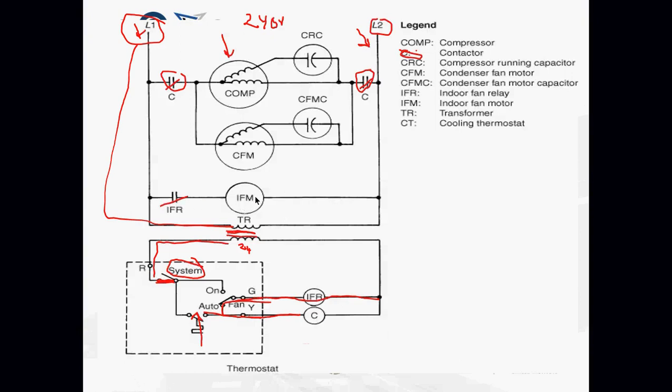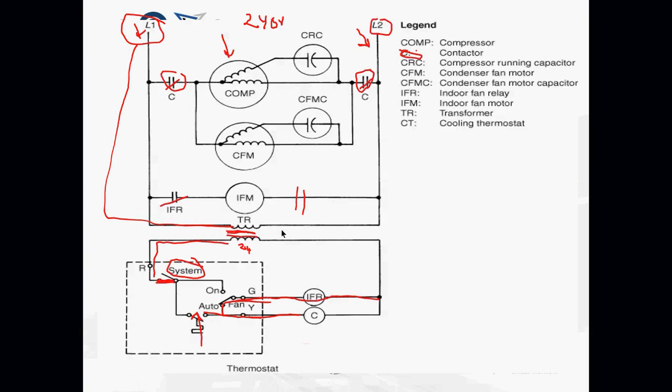Notice IFM, which is the indoor fan motor, doesn't have another contactor on the L2 side. So even if IFR is open, this motor still has power on it. This happens quite a lot in the field because it's cheaper to put in a single pole relay or a single pole contactor and not do a double pole. So again, just be very careful when reaching into equipment.